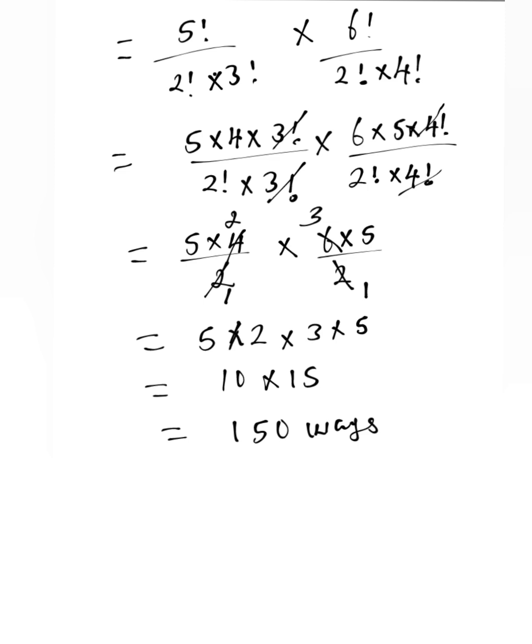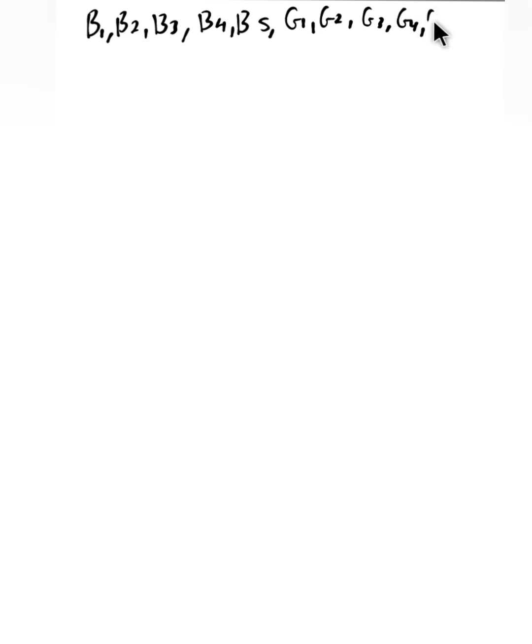Now assuming we're going to list them out, let the 5 boys be B1, B2, B3, B4, and B5, and let the 6 girls be G1, G2, G3, G4, G5, and G6.